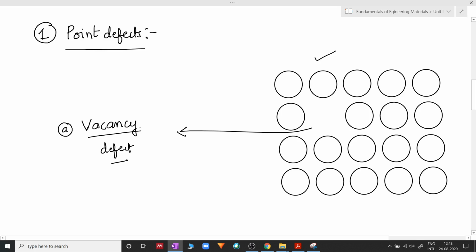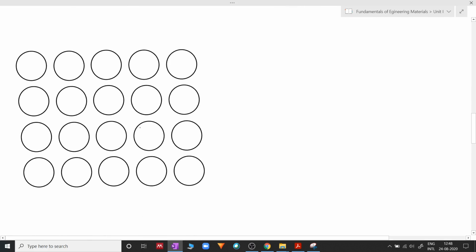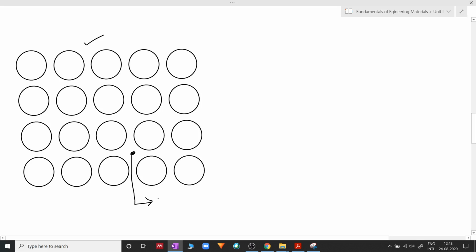Suppose we have this perfect lattice, perfect solid, perfect crystal, and the space between these atoms is called an interstitial site or interstitial void.